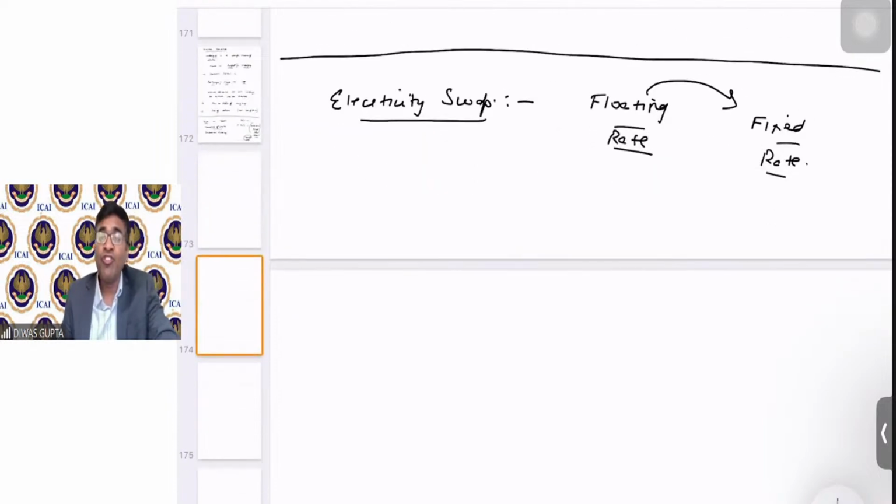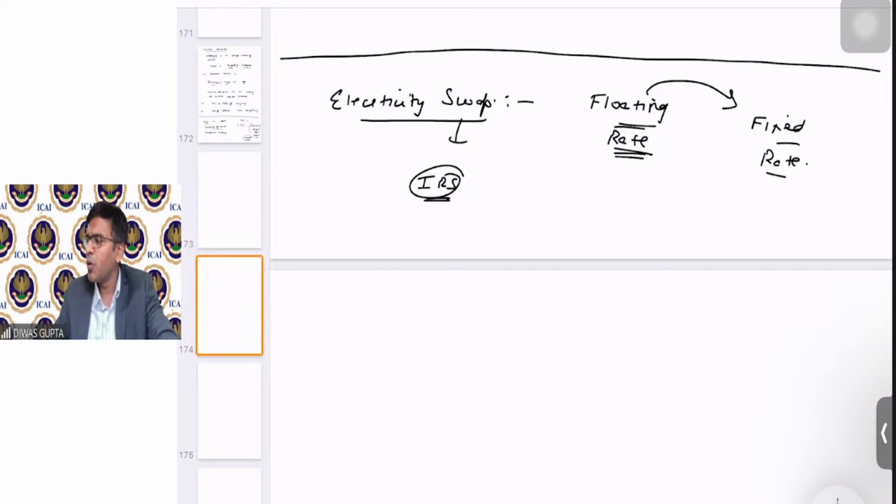Why will this happen? Because with the floating rate, we never know when it will float and become higher. With a fixed rate, at least we are secured. We know that this much we need to pay. Students, the swaps part in detail we will cover under interest rate swaps, where we will also cover practical questions.